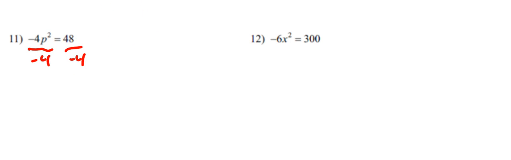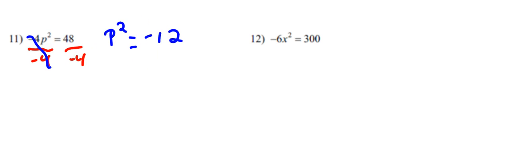And we're left with, those cancel out, p squared equals negative 12. 48 divided by negative 4 is negative 12.